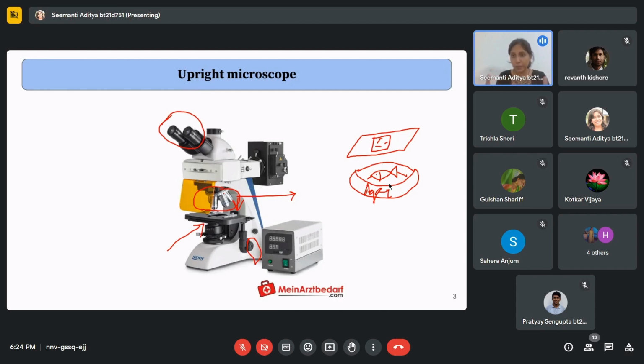We just want to observe the brain, or maybe some other organs or developmental changes. In an embryo, we observe how a small fish develops into a bigger fish, from the one-cell stage, two-cell stage, to a bigger one, like the vertebral column; they don't have a spinal cord. We use the upright microscope to observe all these things, because it is not possible to see those thicker samples in the inverted microscope.